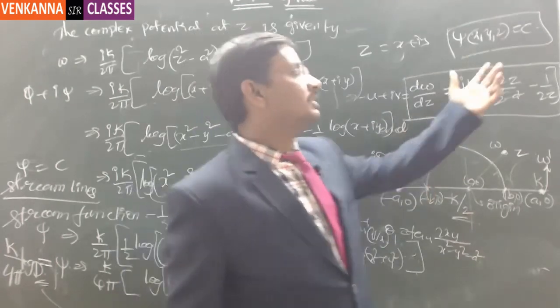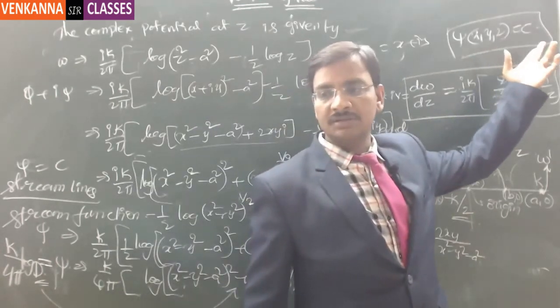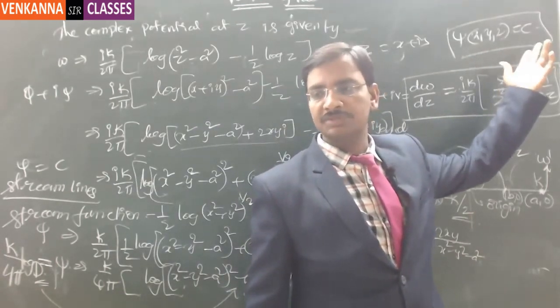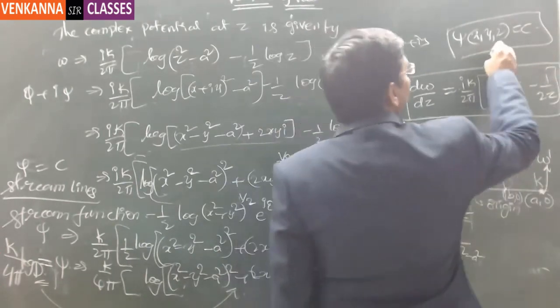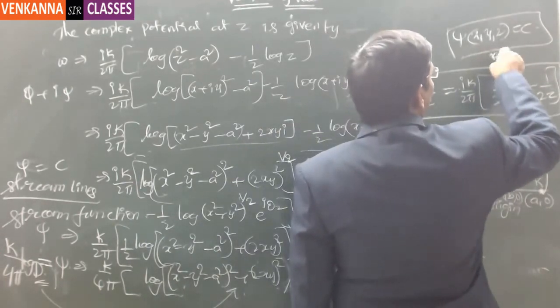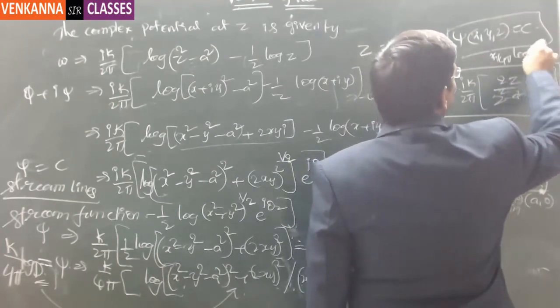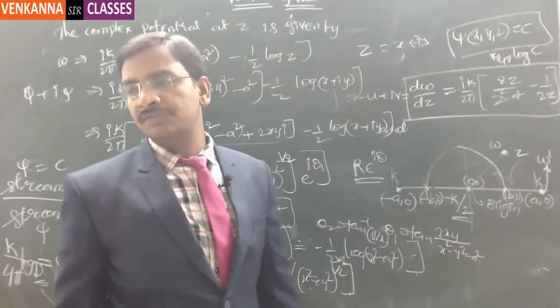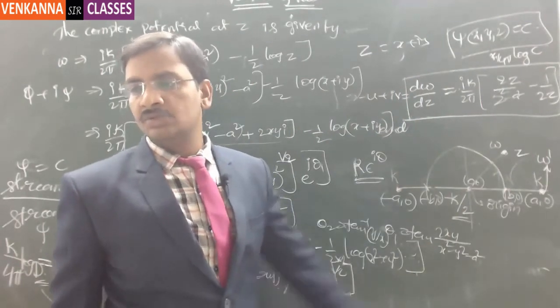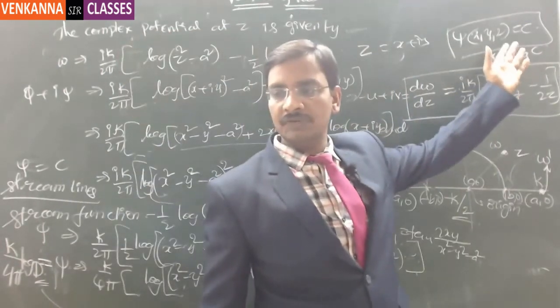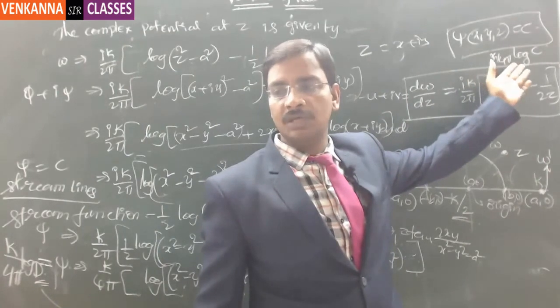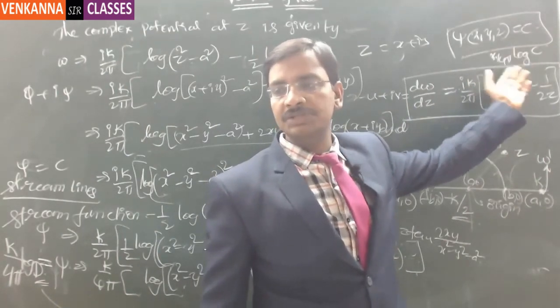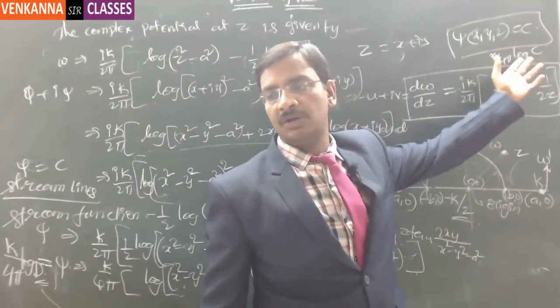So now I know that this is anyway a constant. If this is a random constant which I am selecting, I selected it as k by 4 pi times of log c, like this. Instead of c I used d, that's it. So this is a random constant, where c is the arbitrary constant here.